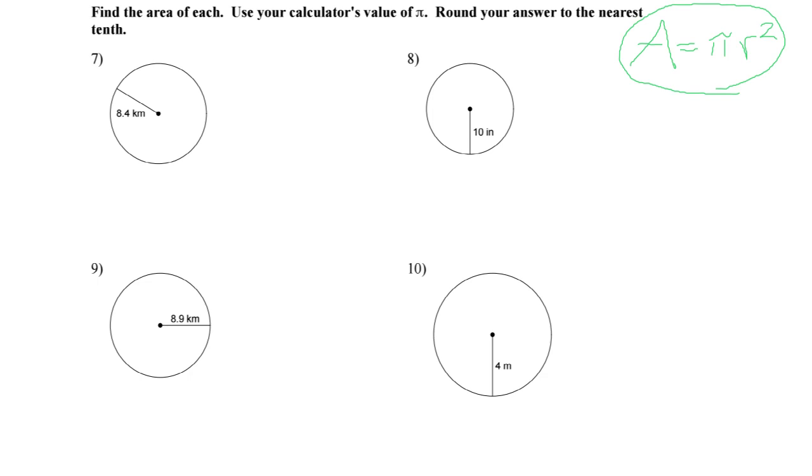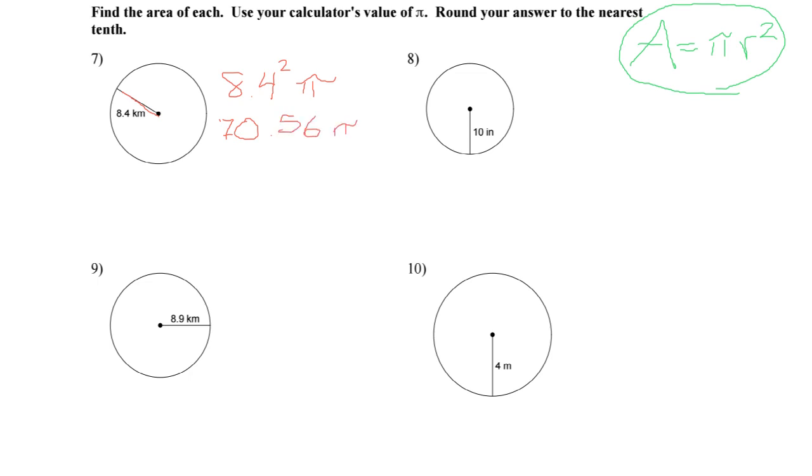So in the first problem here, we have 8.4 kilometers as our radius. I'll highlight that in red. So we're doing 8.4 squared pi. Now, if we quickly multiply that out, 8.4 squared gives us 70.56. 70.56 pi.